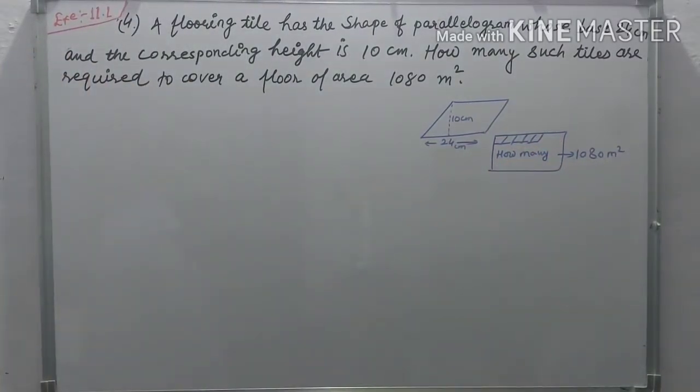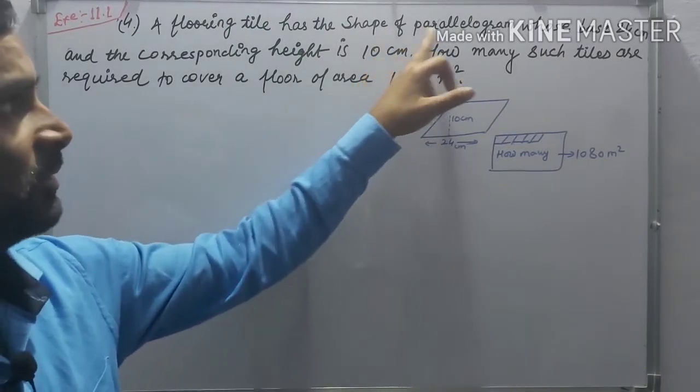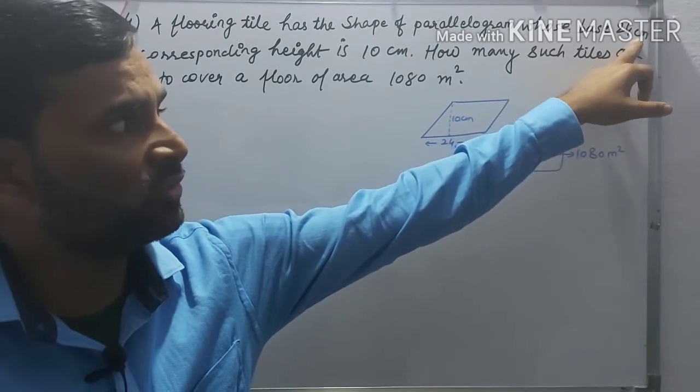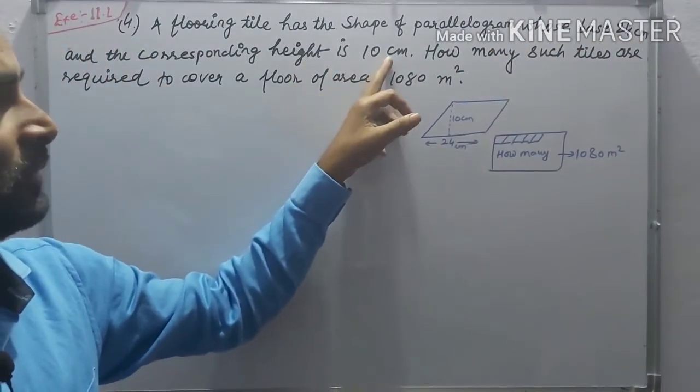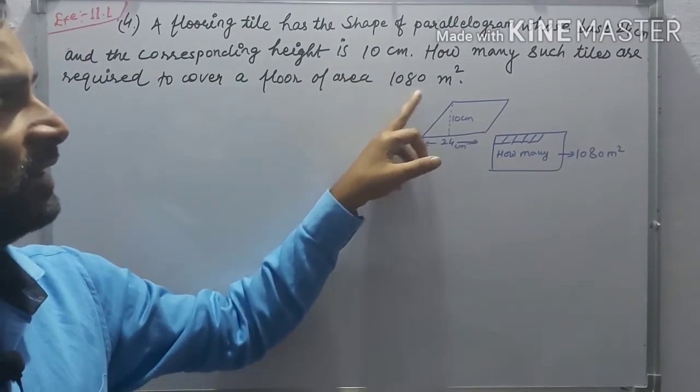Okay, so in this condition, the question has the shape of a parallelogram with base 24 centimeter and height in centimeter, but the area is given in meter.